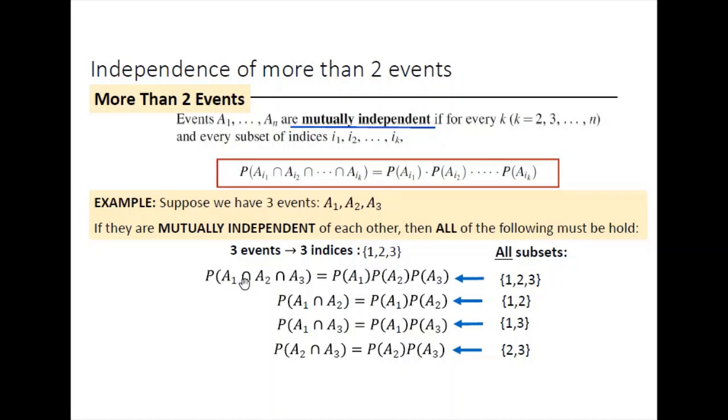It means we should show that the probability of A1 intersection A2 intersection A3 is the probability of A1 times the probability of A2 times the probability of A3. So you can see we have 4 equations that we should verify to prove that A1, A2, and A3 are mutually independent.